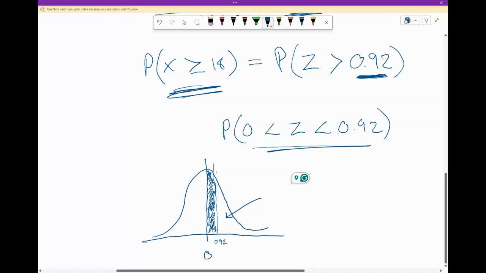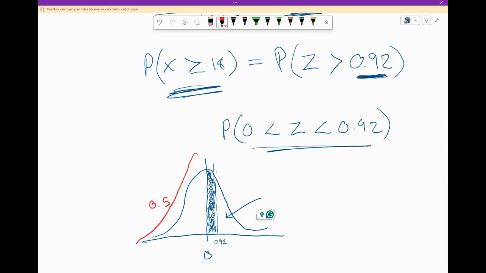Can you see that? Each half of this bell-shaped curve is 0.5. The whole portion to the left is 0.5, and similarly, to the right is also 0.5. Is it making sense now?